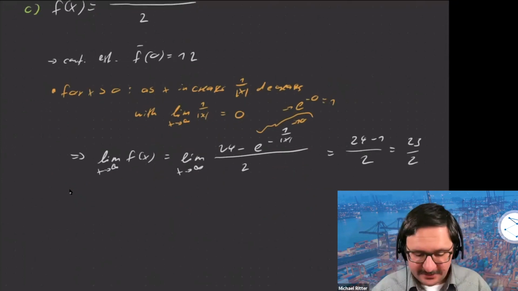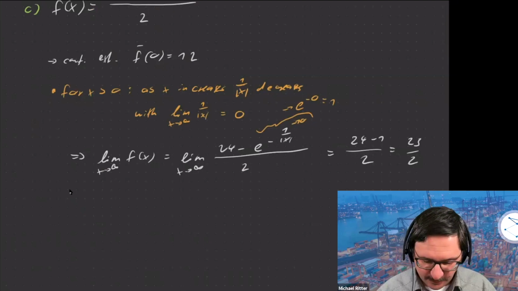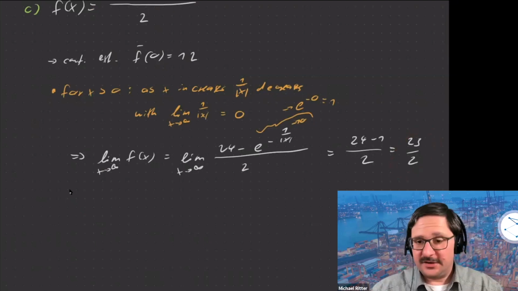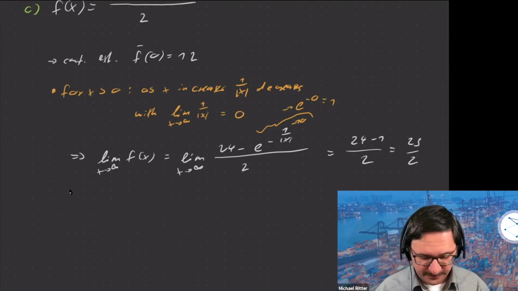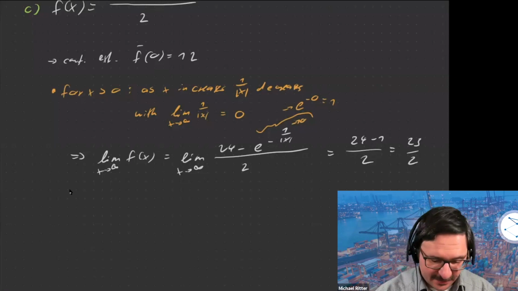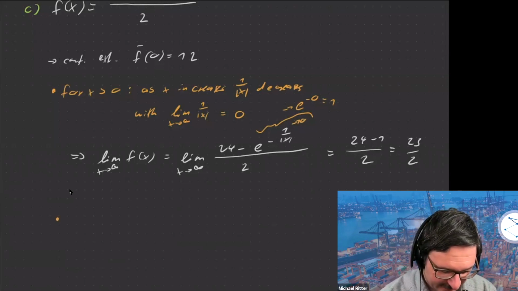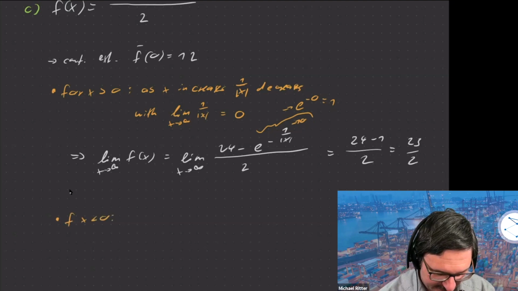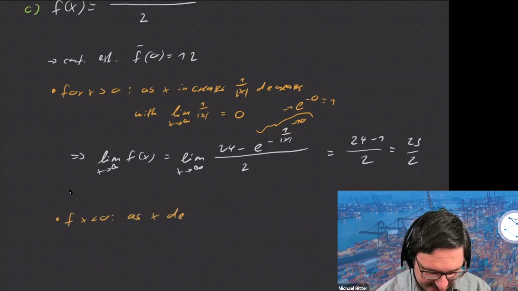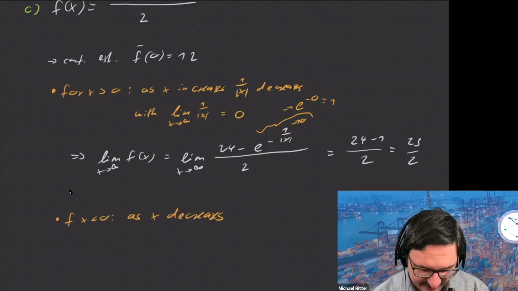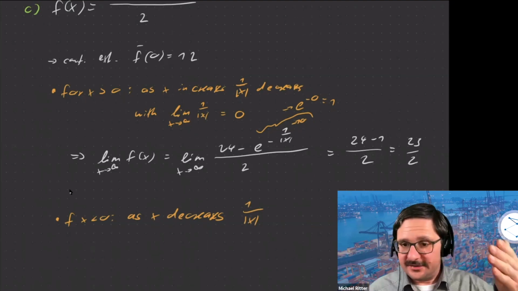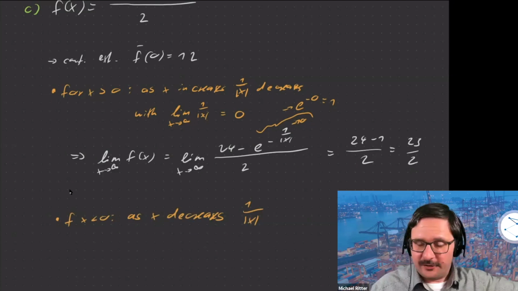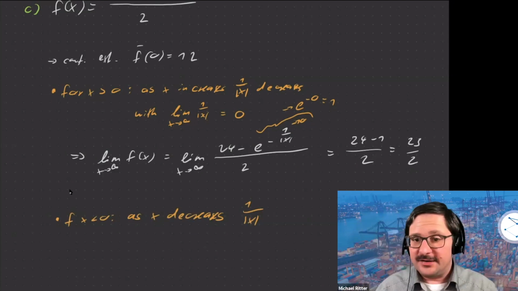So for increasing x, the function decreases and it approaches that value here. And obviously the function is continuous, so it will assume every value in between those two. The same argument will apply for negative x. Only, saying as x decreases, that again means 1 over the absolute value of x decreases, because as x decreases it becomes lower and lower, so its absolute value increases.